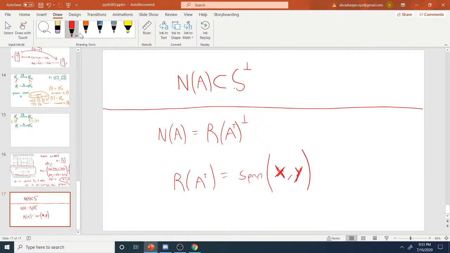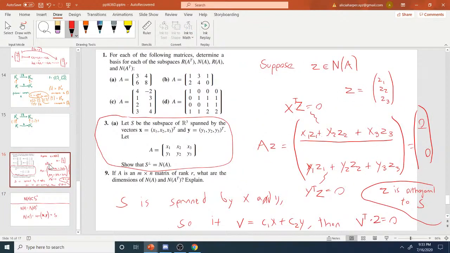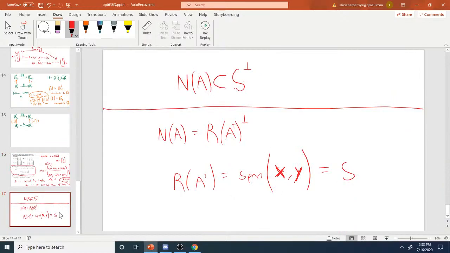And the span of x and y is, of course, simply the set S as defined in this problem. So by general results that I proved in class, this is equal to the orthogonal complement of S.